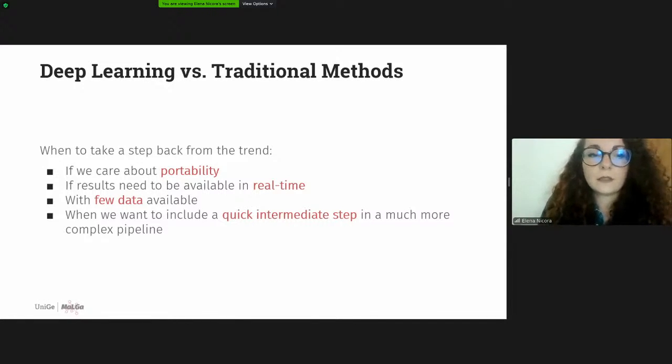But this is not something that is always possible. Of course, if we are interested in real-time applications, if we care about portability, so if we have limited computational resources, traditional methods are still very much considered in the field of computer vision.